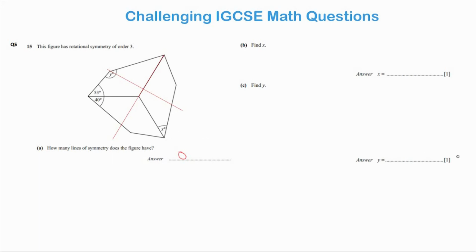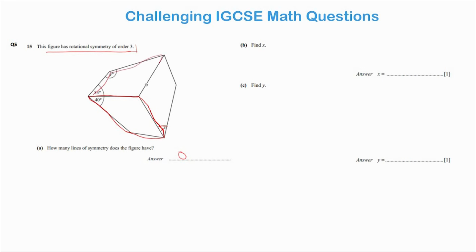Find x. So now this is a good question. x is right here, and they told us that the figure has a rotational symmetry of order 3. So if we rotate it, x would land at 40. So let's say we rotated it, so it will look something like this.